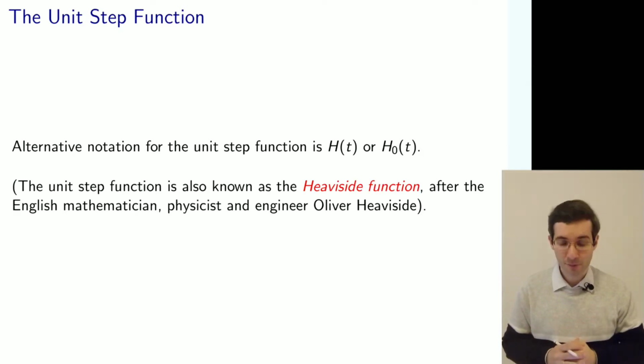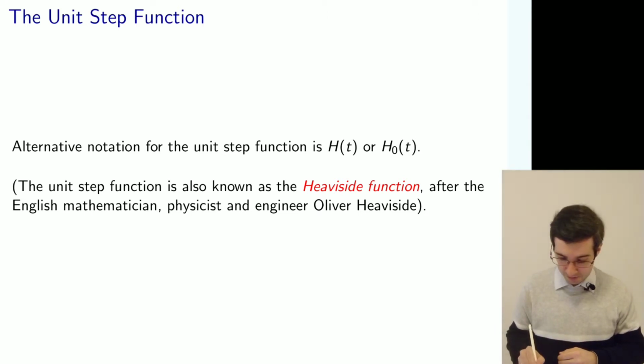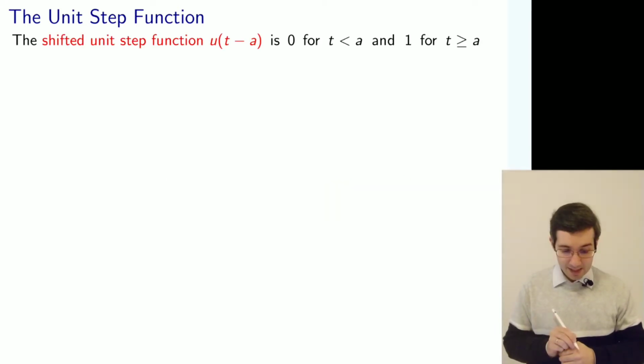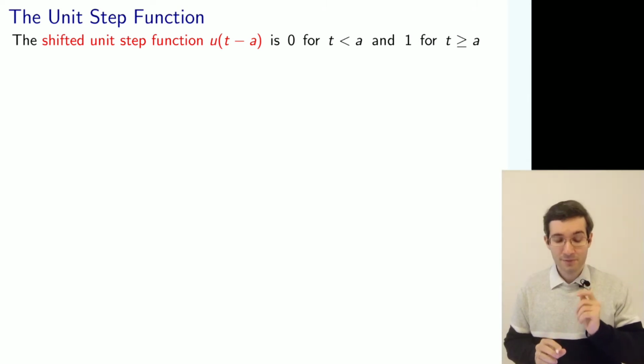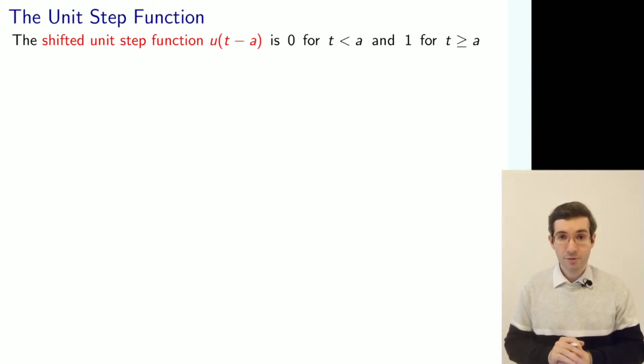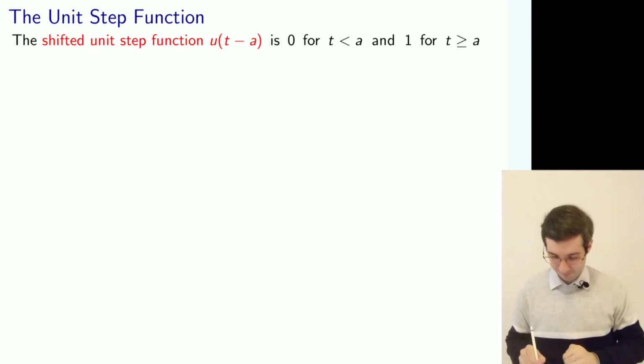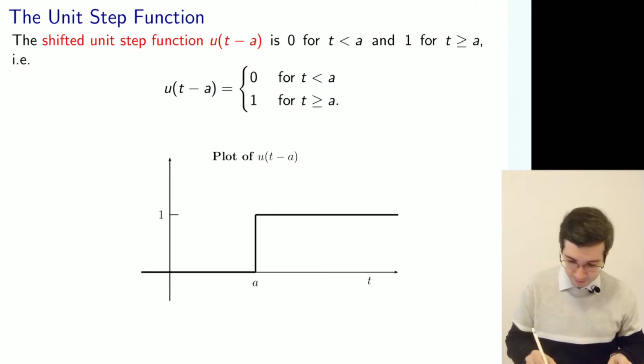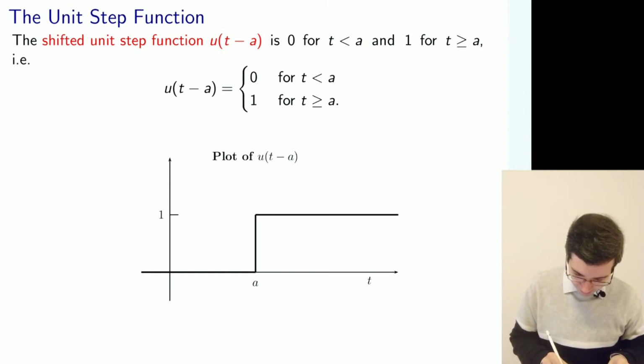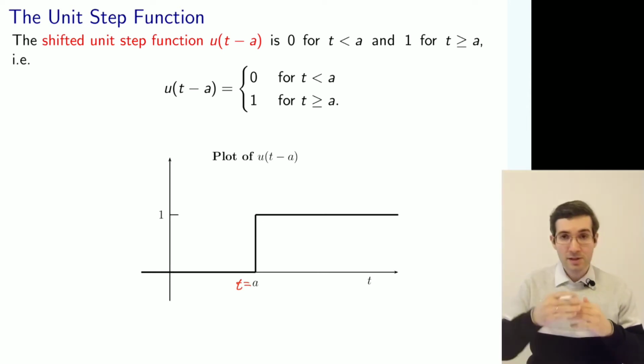It's named after Oliver Heaviside, who was an English mathematician and engineer, as well as physicist. But we can also have a shifted version of that unit step function, which only switches on at a given time a, where at time equals a, it suddenly switches on.